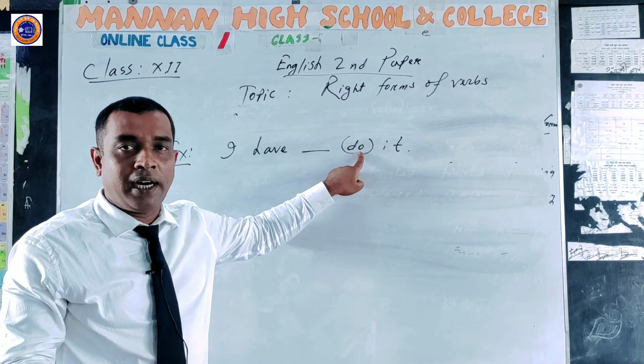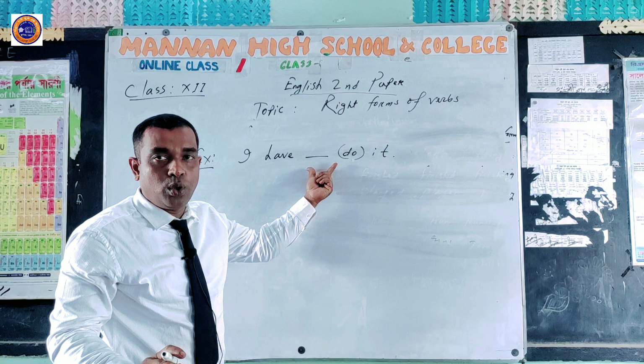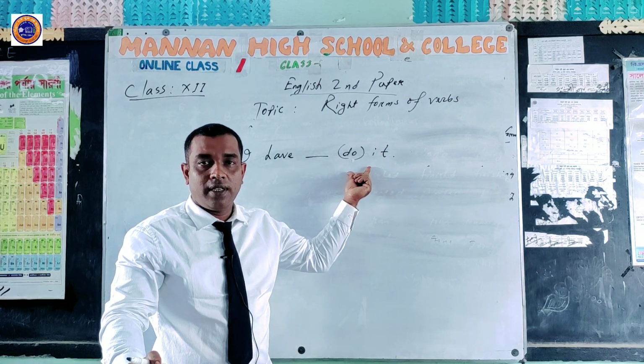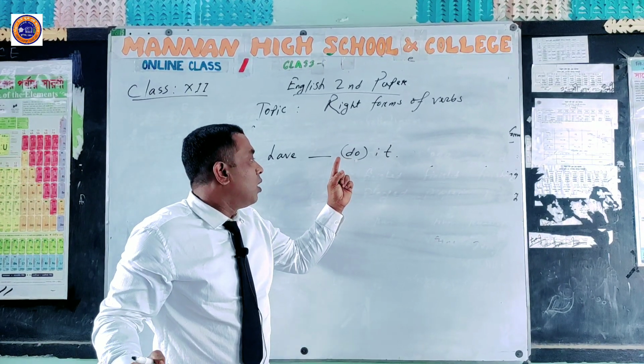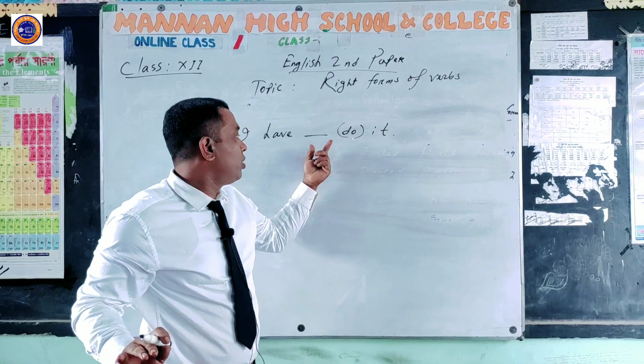This is the verb word. The verb word will be in the bracket, and you have to fill up the gap using this verb. You must understand which form of the 5 forms will be used in this gap.